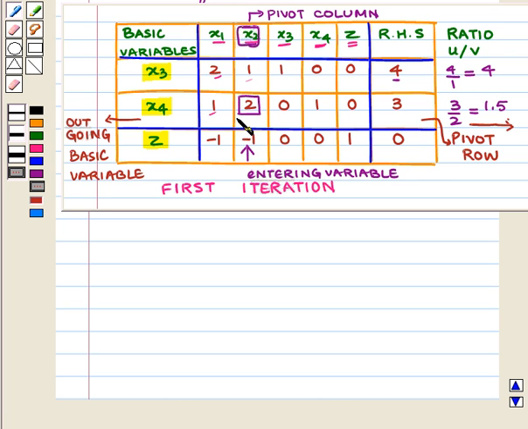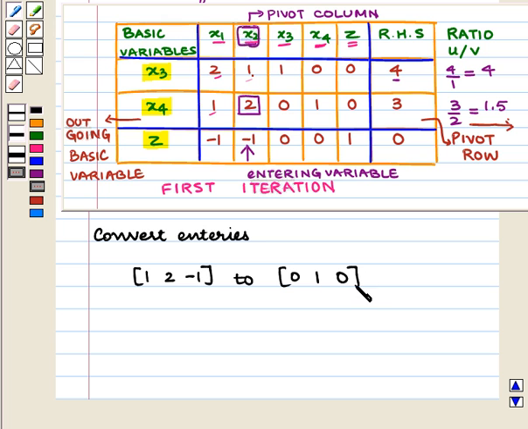We have to make the pivot element in the entering basic variable x2 equal to 1 and all other elements in the pivot column equal to 0. So we will convert entries 1, 2, -1 to 0, 1, 0 in the x2 column.